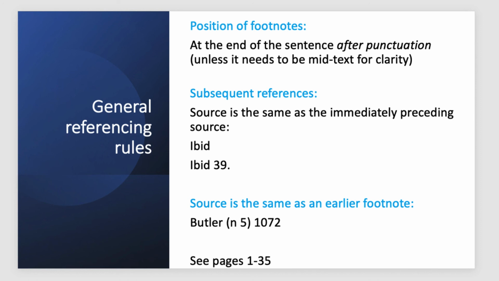You would provide the author's last name, and then you would provide n and the footnote number in round brackets, and then a pinpoint reference to the relevant page citation. So you can see here that it tells us that it's Butler's article, which is fully cited in note 5, and the page reference is 1072. So hopefully you can see how that works from the example there.